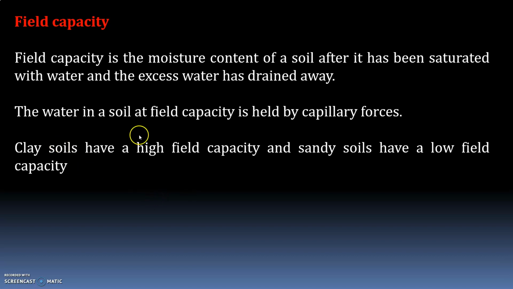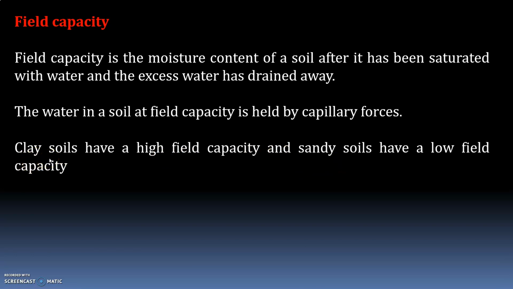The water in the soil at field capacity is held by capillary forces, and clay soils have a high field capacity because voids are less, so they have a better capacity to retain water. Sandy soils have a low field capacity because many voids are present in the soil, so they have less retention capacity of water.